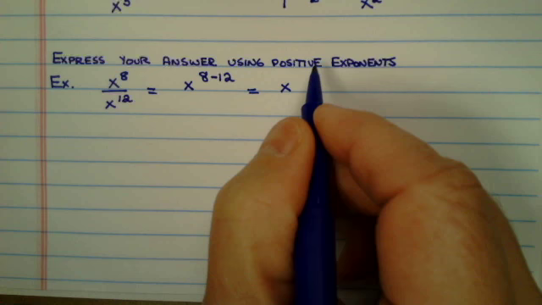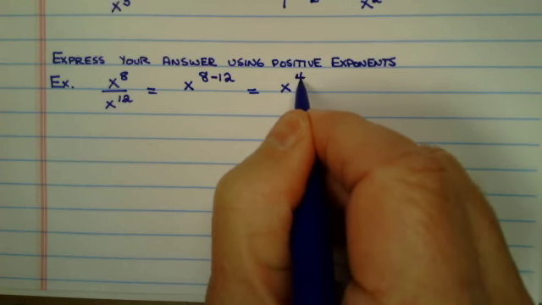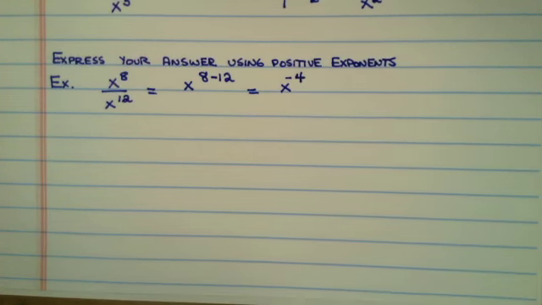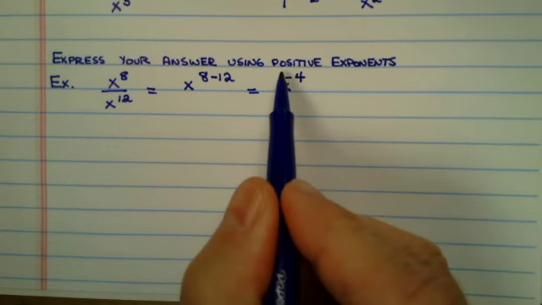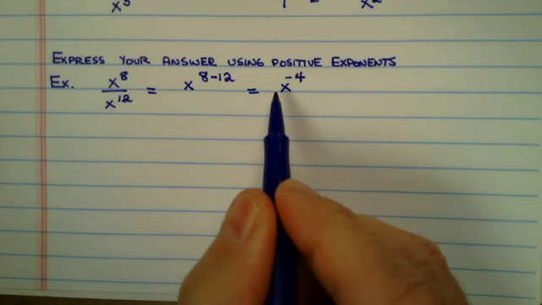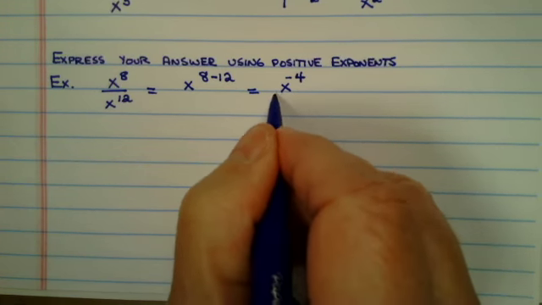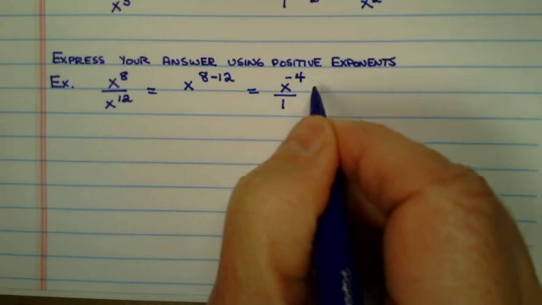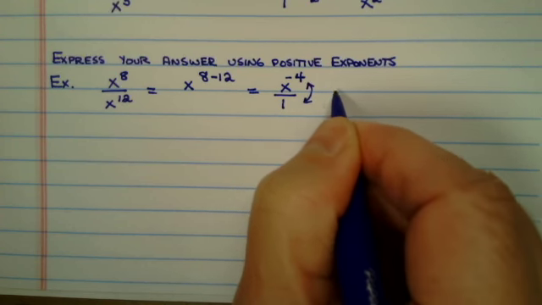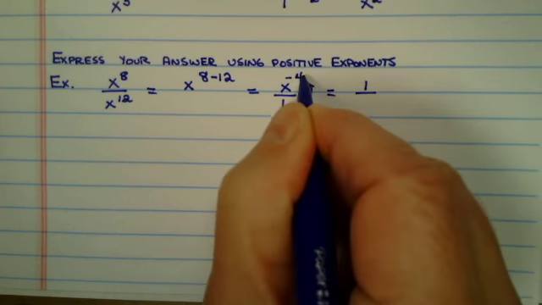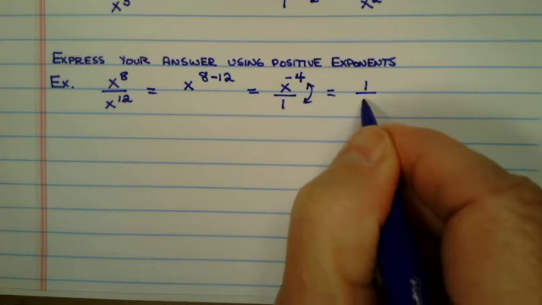A 12 and an 8 subtracted is 4, and take the sign of the larger number. It says express your answer using positive exponents. My first step to change this to a positive exponent is to write this expression as a fraction. Once it's written as a fraction, I flip it. The act of flipping it changes the sign of that exponent only.